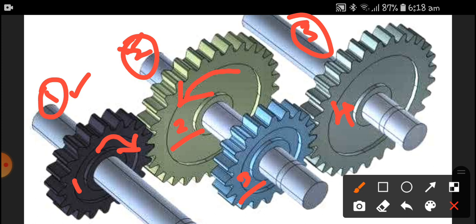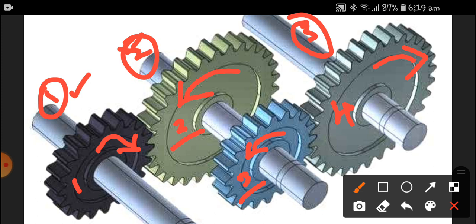Gear 1 rotates in a clockwise direction, gears 2 and 3 rotate in the anti-clockwise direction, and gear 4 rotates in a clockwise direction. So this type of gear train is called a compound gear train, where the input and output are in the same direction.